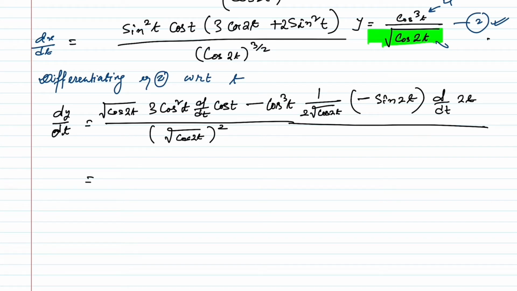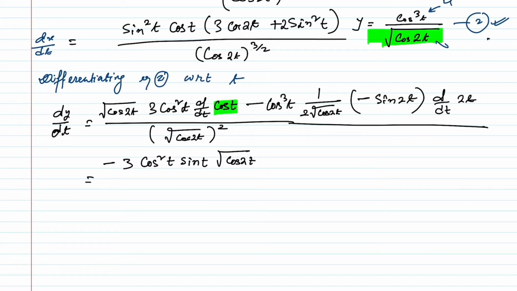What we will get in the next step: the derivative of cos t is going to be minus sine t. So here we will get minus 3 cos square t sine t root over cos 2t.